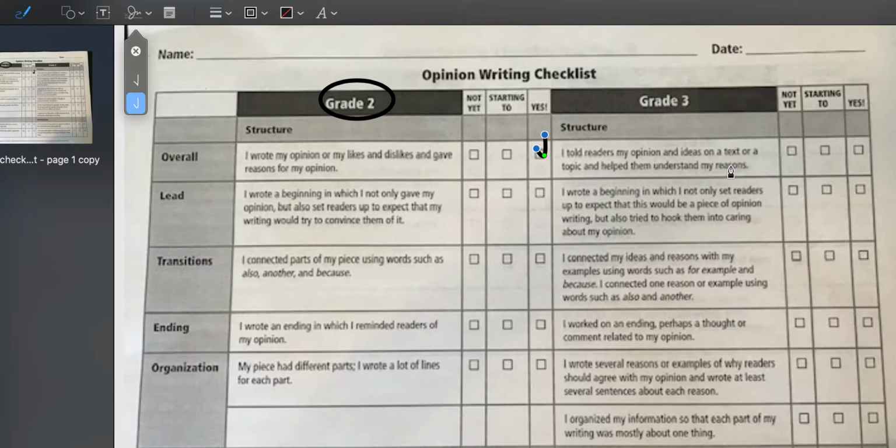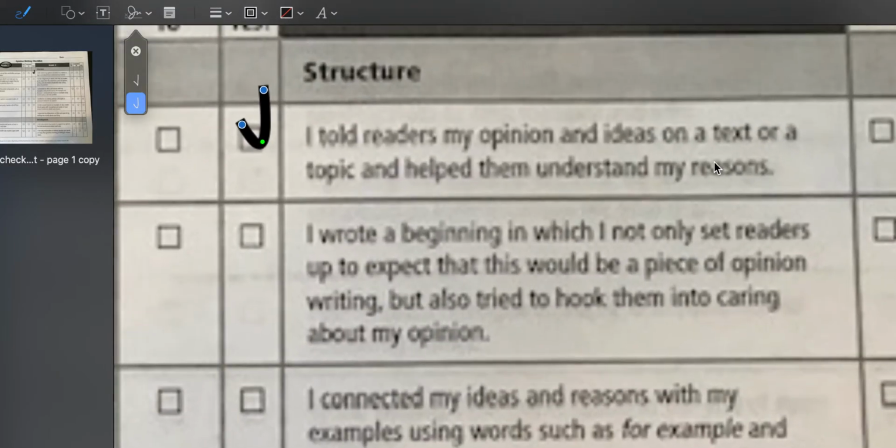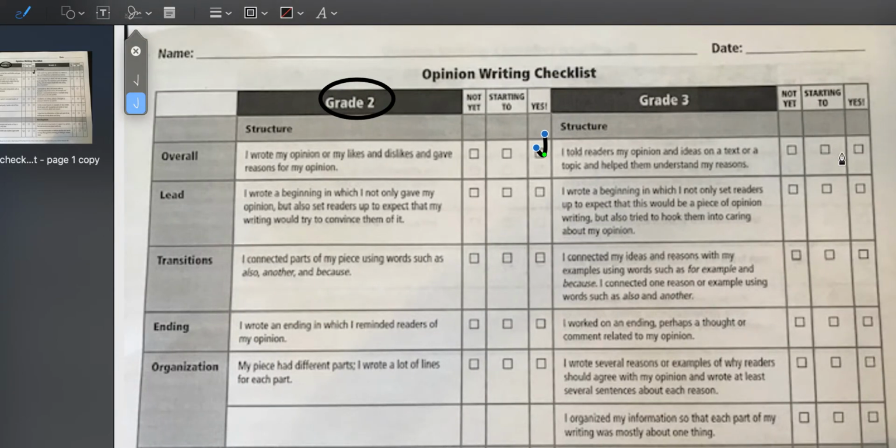And we had to go through and write 3 proofs of our opinion. If you thought you did all of that and you did it really, really well, then you would check yes. And again, if you're checking yes, then you are going back in your writing and you are proving that with your stickies.